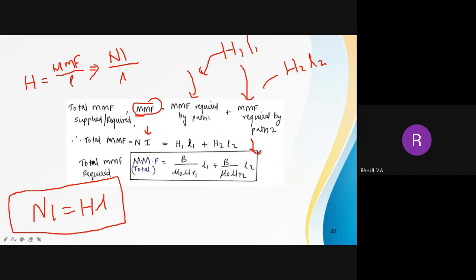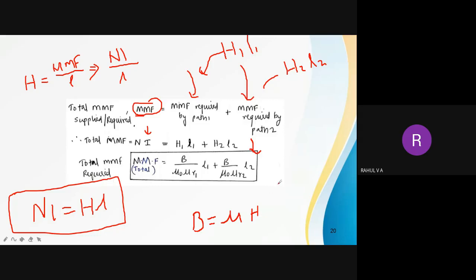We know that B is equal to mu H, the permeability equation, where B is flux density, mu is permeability, H is magnetic field strength.